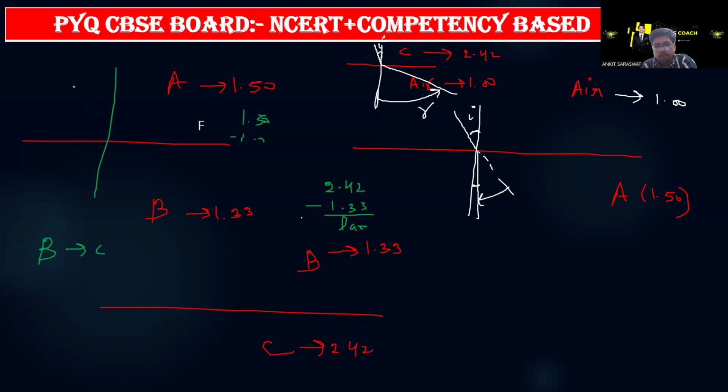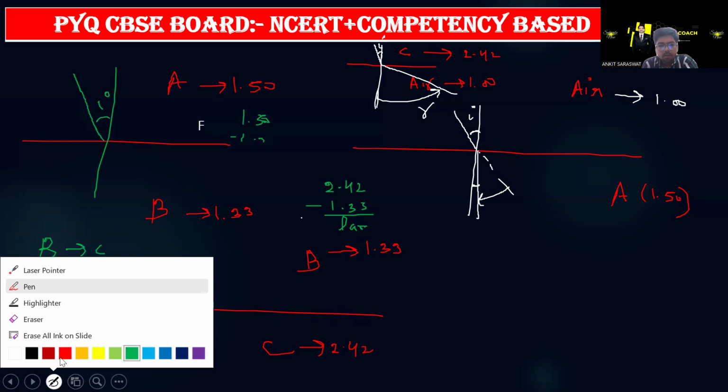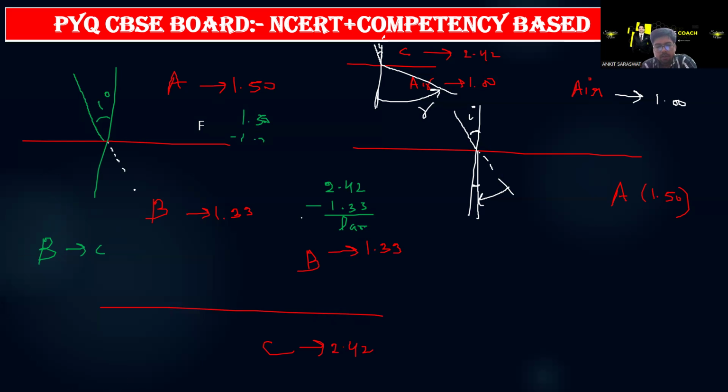So rather than going straight, it bends very little, the least here. Why? Because there is very little change in optical density, 1.50 to 1.33. This bending is very less.